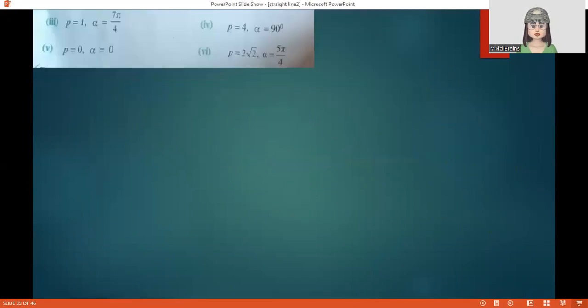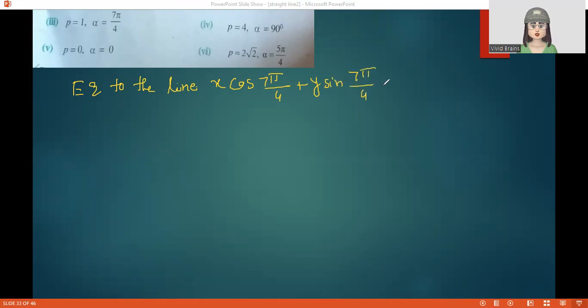P is equal to 1 and alpha is equal to 7 pi by 4. So x cos alpha, so the equation of the line is x cos 7 pi by 4 plus y sin 7 pi by 4 is equal to P, which is 1. Okay.